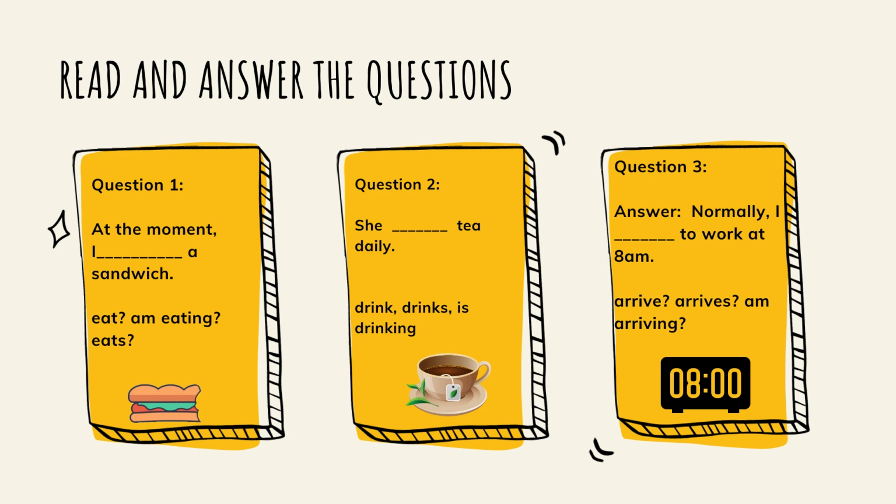She is drinking tea daily. Normally, I blank to work at 8 a.m. Normally I arrive to work at 8 a.m. I arrives to work at 8 a.m. I am arriving to work at 8 a.m.